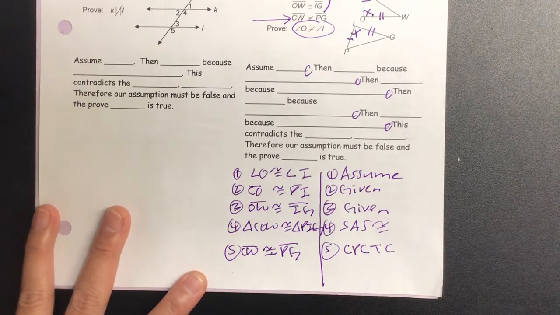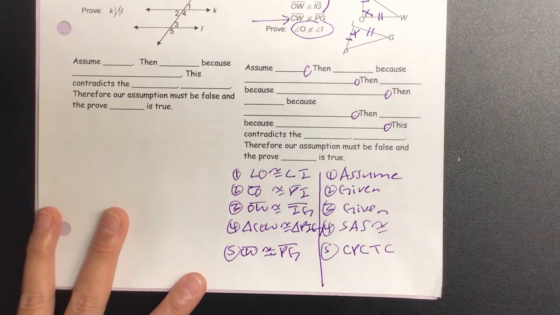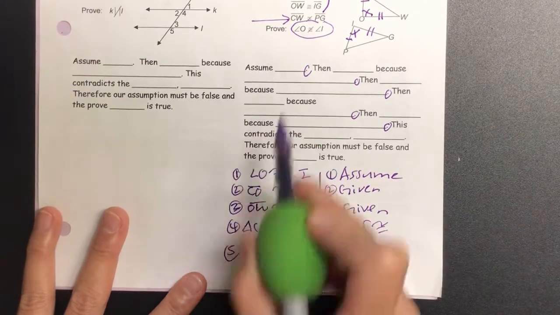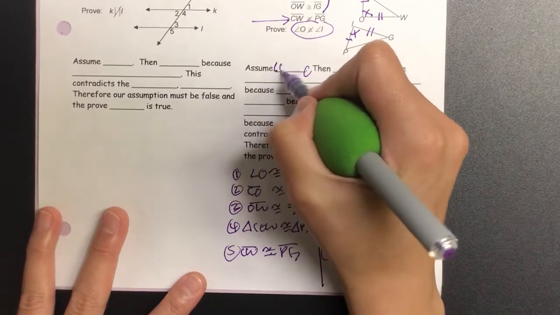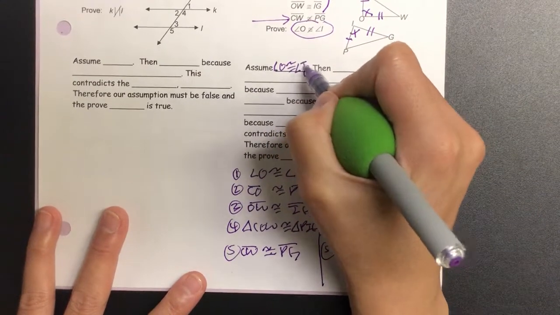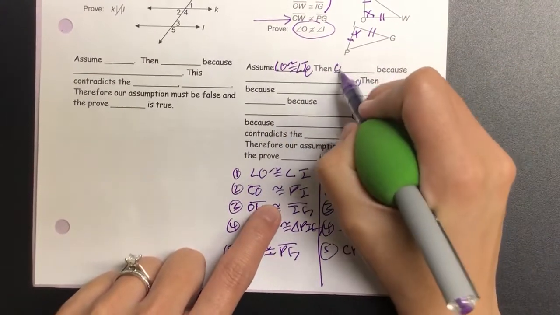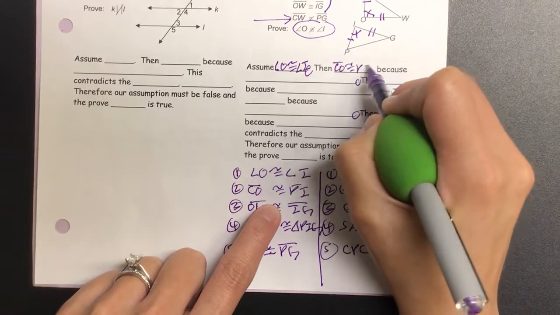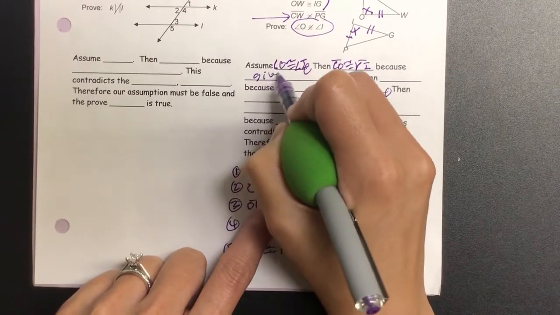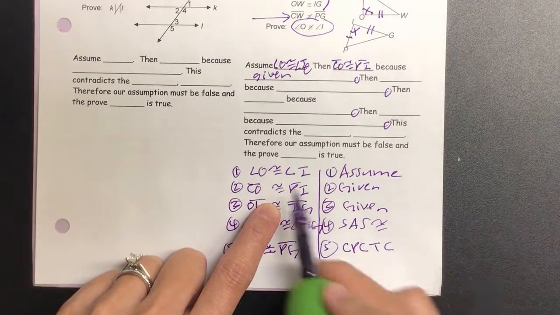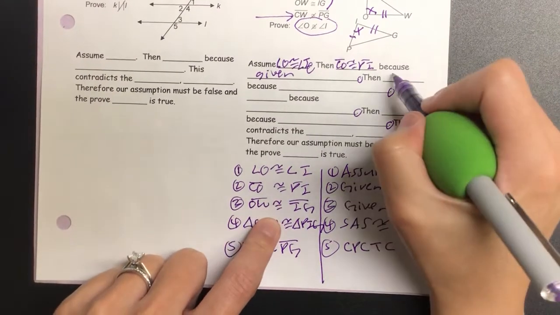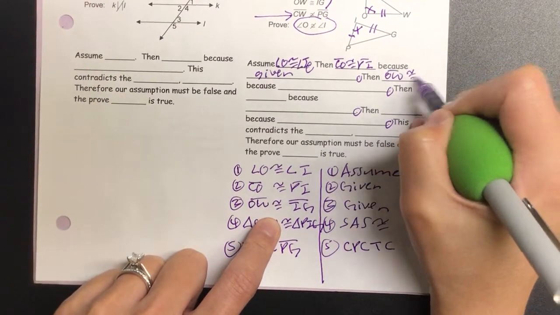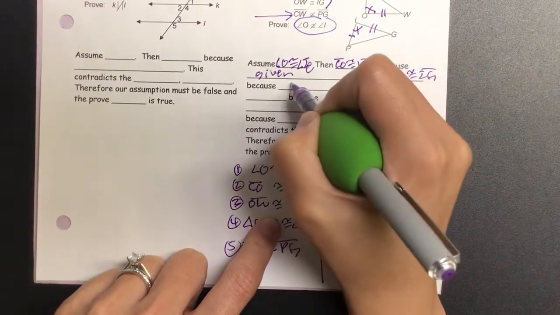You may write out the word as well. Okay. So at this point, you go left, right, left, right. What do we assume at first? Angle O is congruent to angle I. And then I knew CO is congruent to PI by the given. We're going left, right, left, right. The next thing. Then I knew OW was congruent to IG, also by the given.